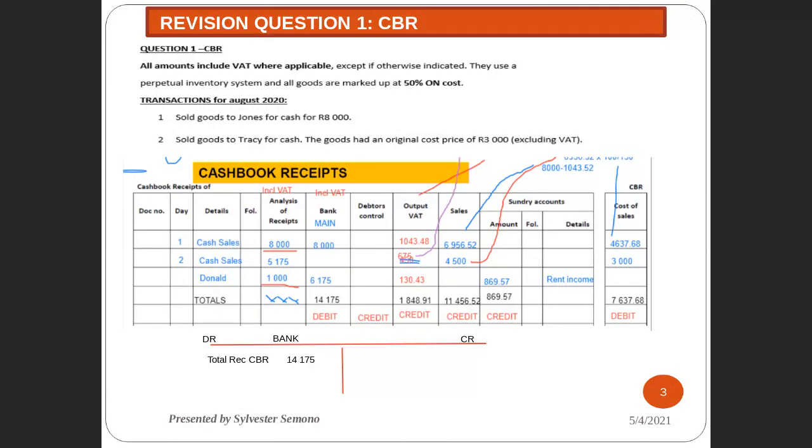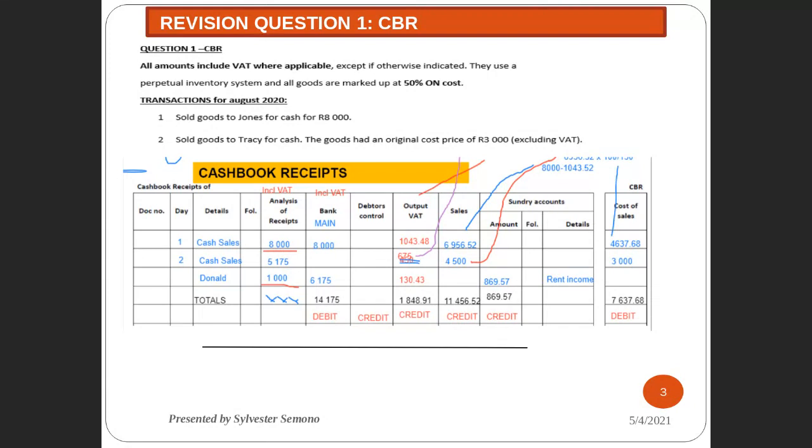Okay? Now, what if, let's say, for example, they ask you for VAT? I'm going to open another account. I'm going to erase the whole thing. What if they ask you for VAT? I'm going to open it again like this. I'm going to have an account like this. Remember, they will give you this account.